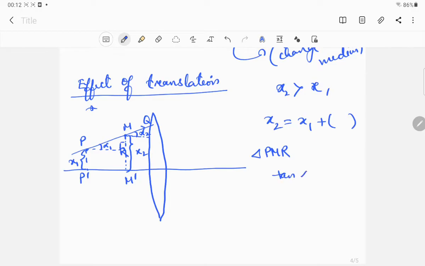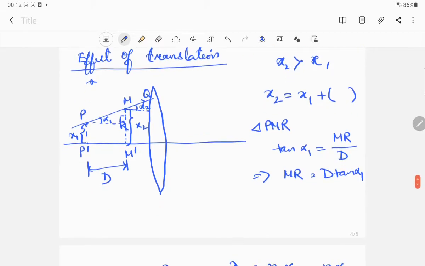tan alpha 1 is equal to perpendicular by base, isn't it? This distance I have already mentioned is D. So perpendicular, if I call it MR, by D. So MR is nothing but D into tan alpha 1.